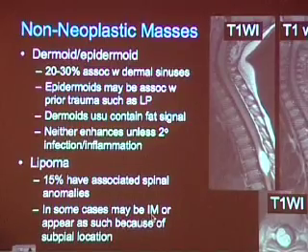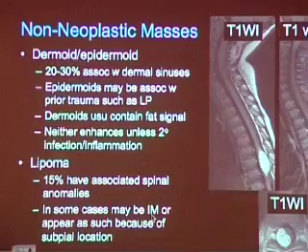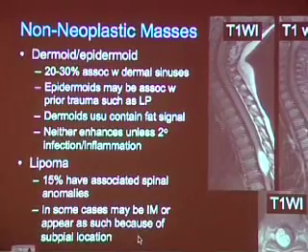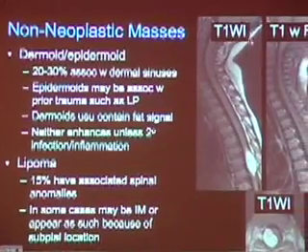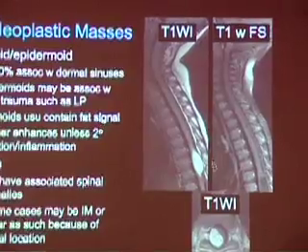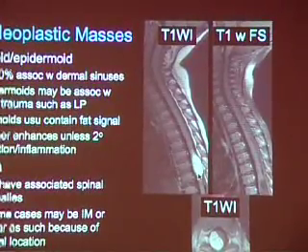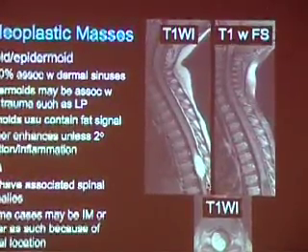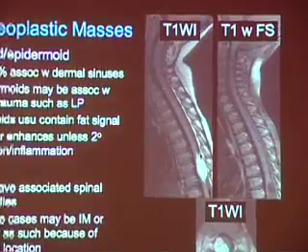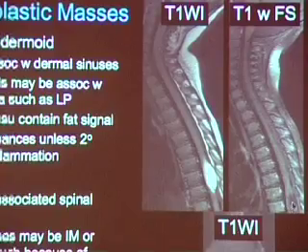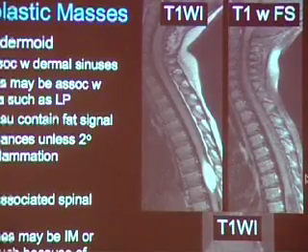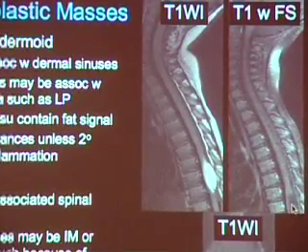In some cases, lipomas can actually either be intramedullary or they may appear as such because they have a predominantly subpial location. So in this particular case, this is a pre-GAD T1 weighted image. On the pre-GAD, we have this very hyper-intense mass. We have this widening of the subarachnoid space. We have this compression of the spinal cord. When we do a fat saturation pulse, you can see that the signal goes away.